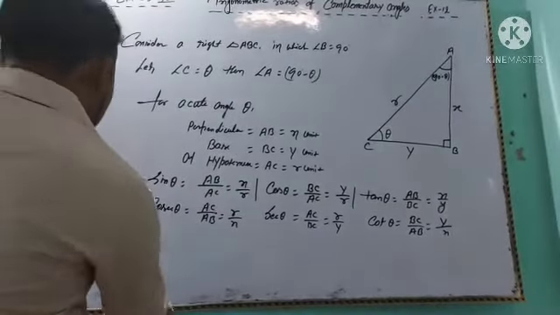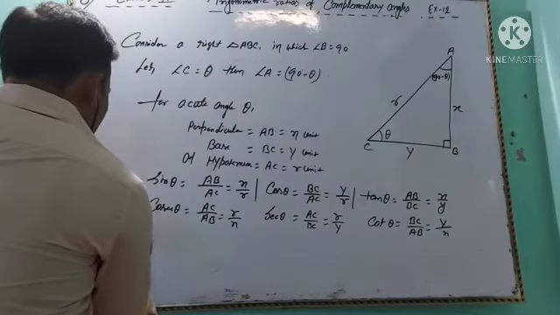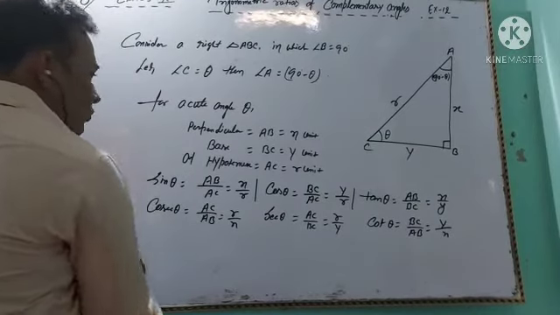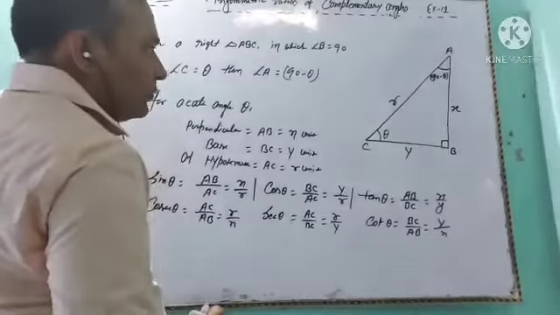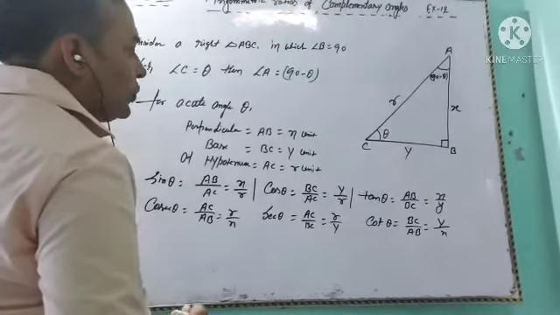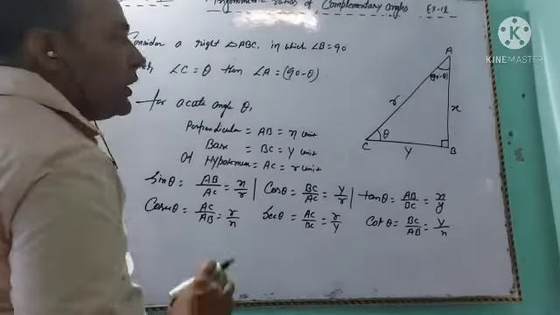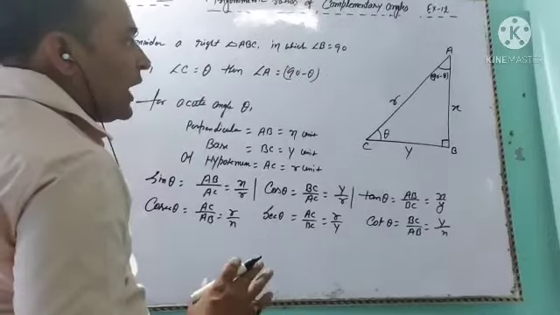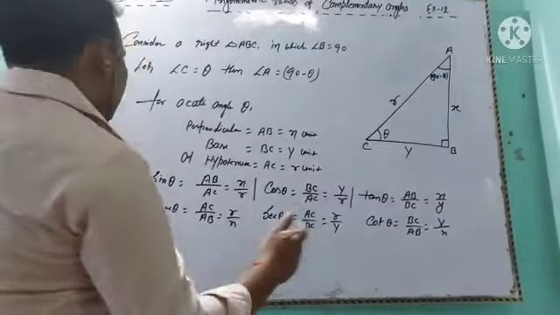And now we are going to discuss the trigonometric ratios of the acute angle 90 degrees minus theta.